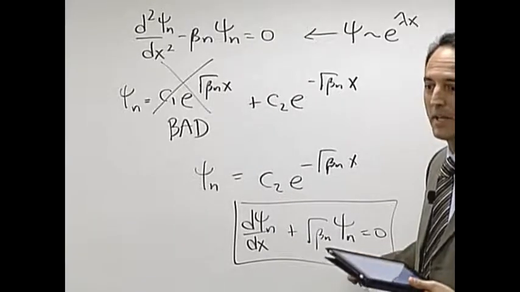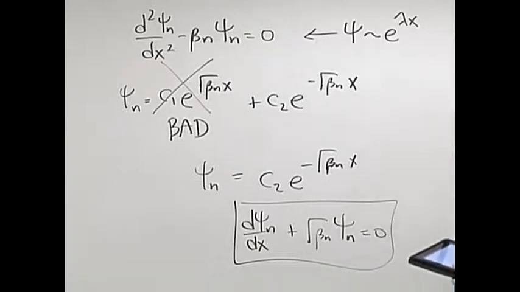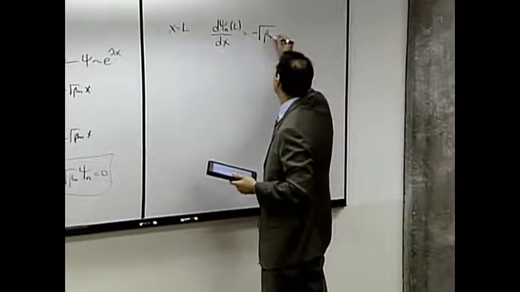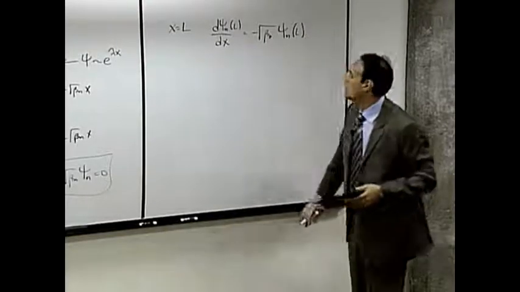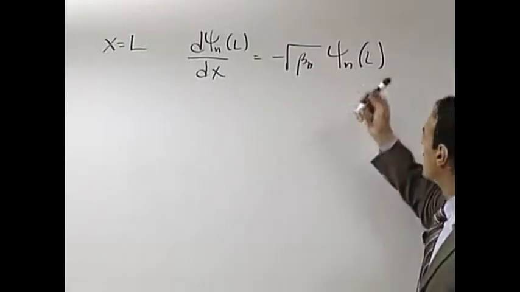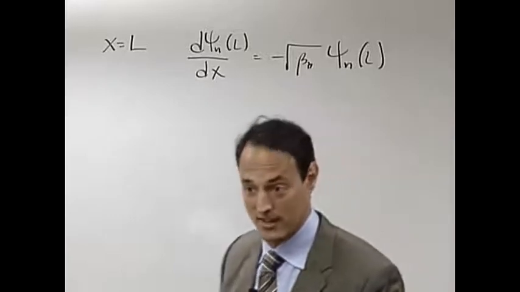I don't know what big means, but what I want to do then is at x equal to L, I want to impose the following. d psi n at L over dx is equal to minus square root beta n psi n at L. There's my boundary condition.